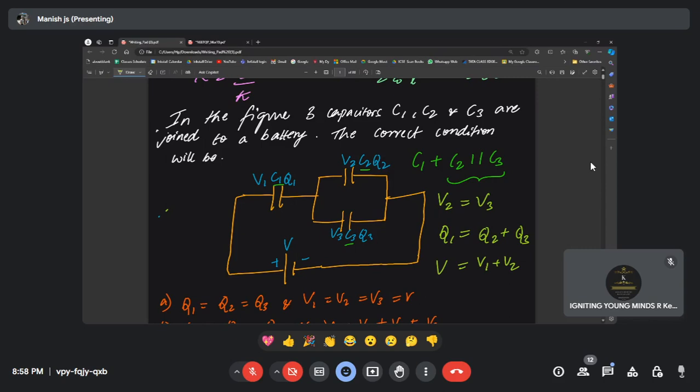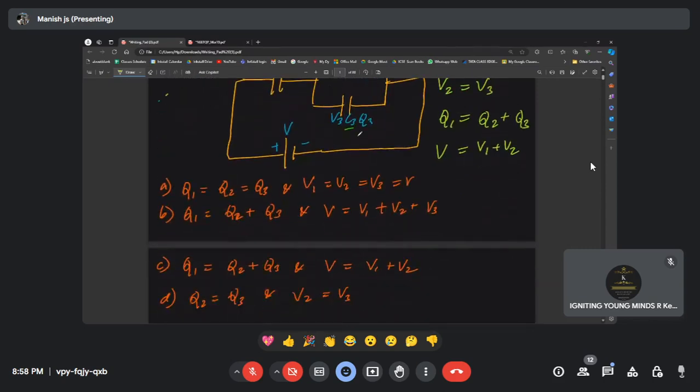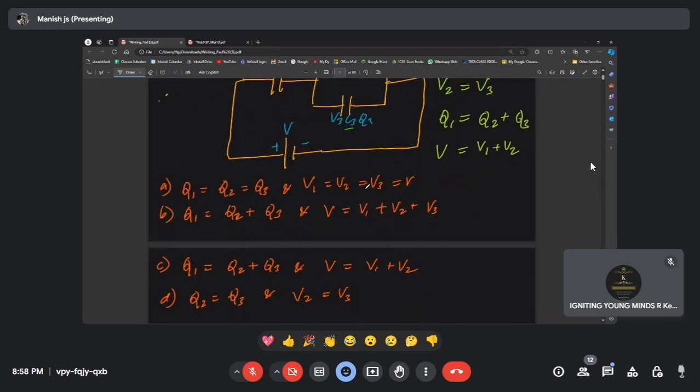So which of the options are really correct here, based on the relations that we wrote? Option A, B, C, or D. Which option is satisfying all the conditions for this question? The potentials of the second and third capacitors are equal, so V2 is equal to V3. Where do you have V2 equal to V3?